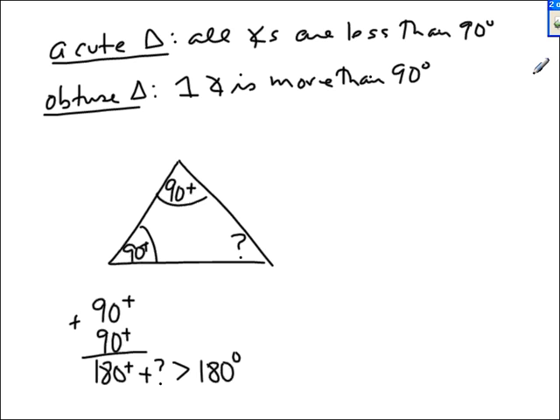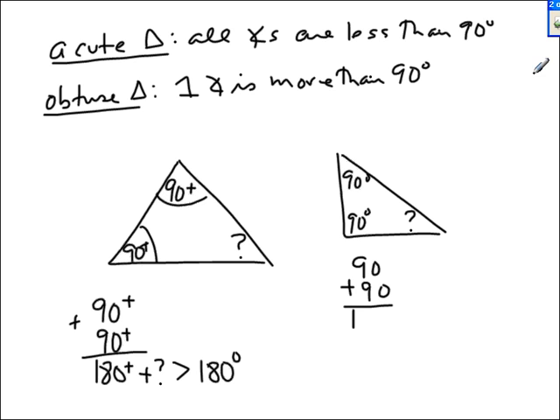So no, you can't have two angles more than 90. In fact, you can't have two angles that are 90. Because if this triangle somehow had two angles that were exactly 90, and the third one we don't know about, well, when you just add two of them, you get 180. And when you add that third unknown angle, you're going to get more than 180. And the three angles must add up to 180.